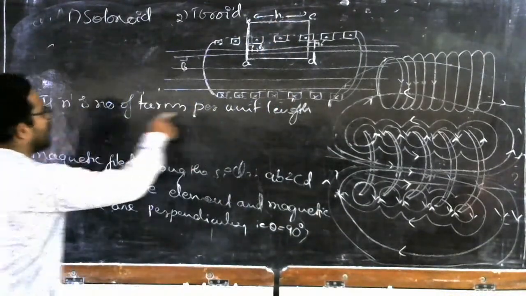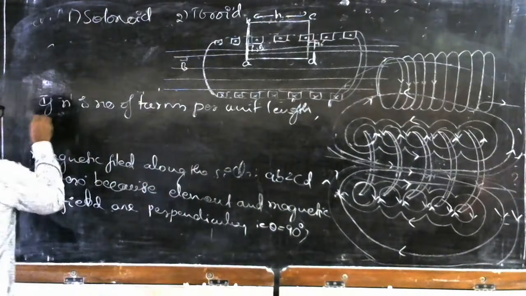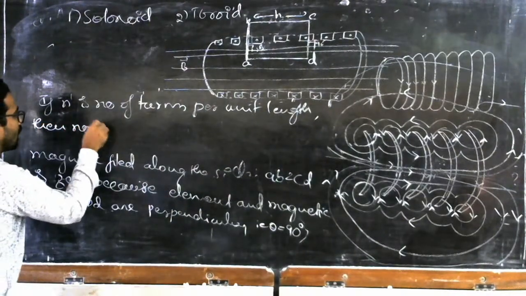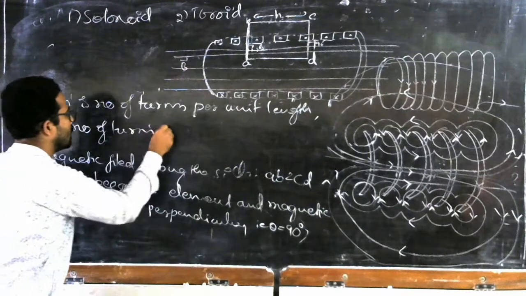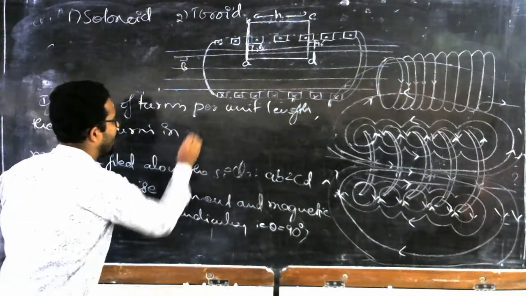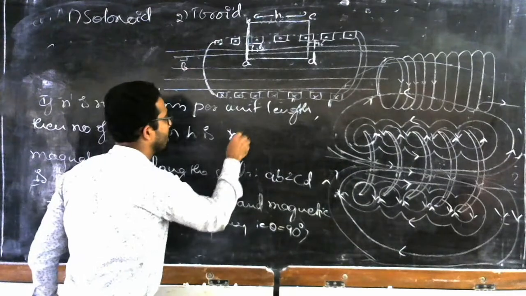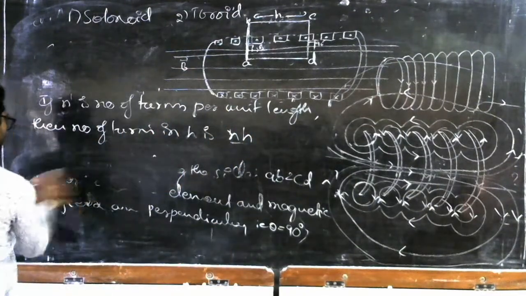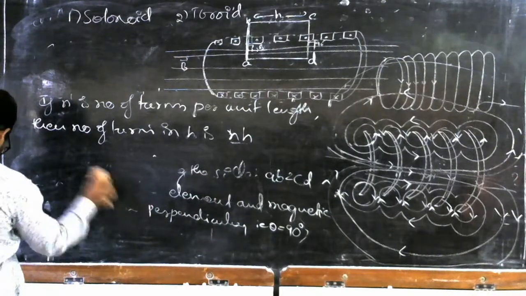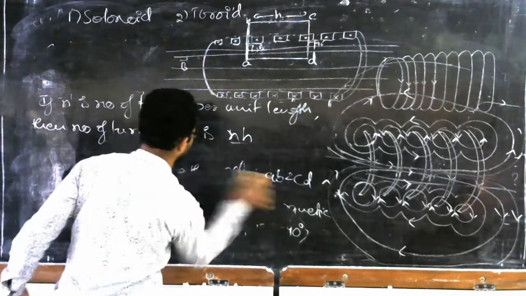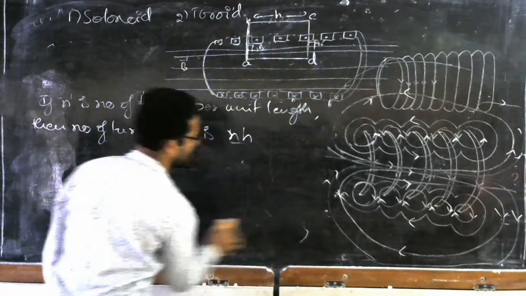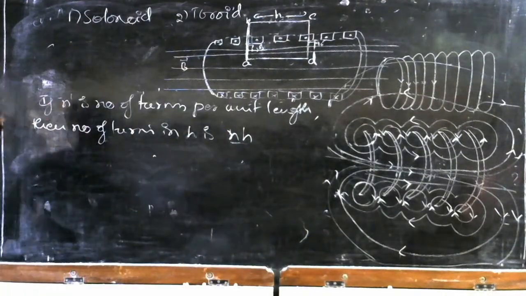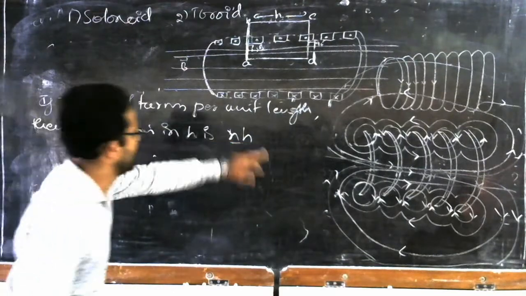N is the number of turns per unit length, so the number of turns in h is N times h.